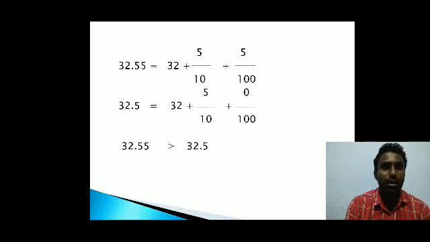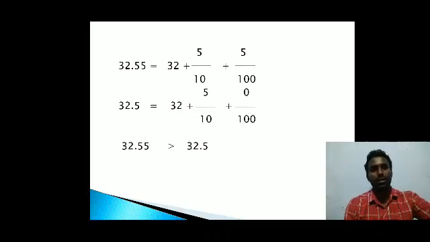How can we say this? The tenths digit is 5 in both. If the tenths digit is the same, you look at the hundredths digit. In 32.55 the hundredths digit is 5, but in the second there is no number. Obviously 5 by 100 is greater than 0 by 100. So 32.55 is greater than 32.5. Shall we go on to the next problem?